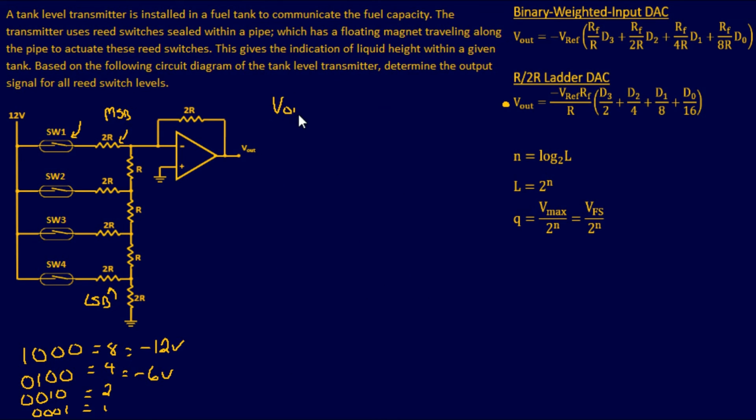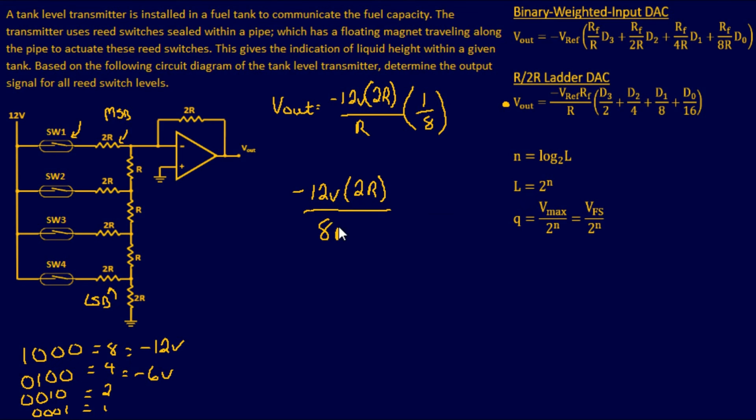All right, let's do the next one. Same song, different verse. V out equals negative 12 volts, 2R over R. And for our next significant bit, we have 1 over 8. That's going to translate to negative 12 volts times 2 times R divided by 8R.